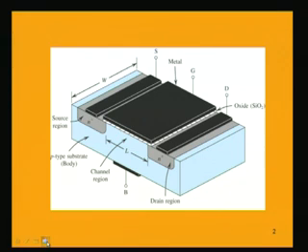Here we have a silicon dioxide layer in between the gate and the substrate, and this insulator is basically forming a parallel plate capacitor between the gate and the body or the substrate.